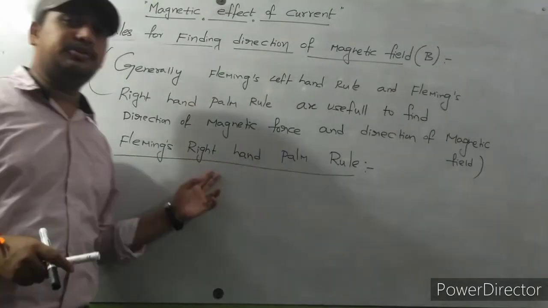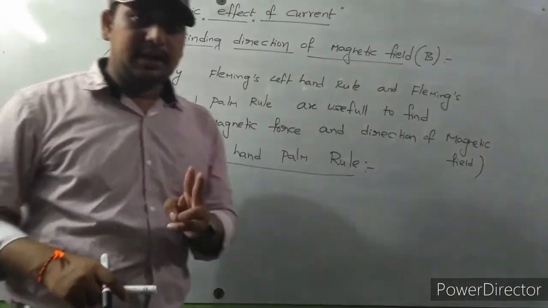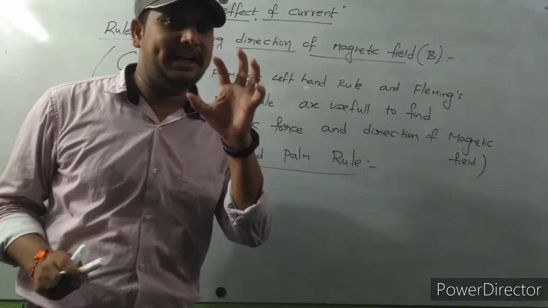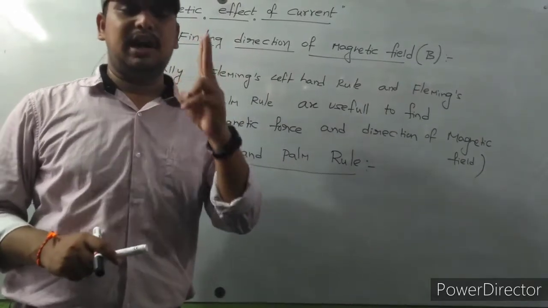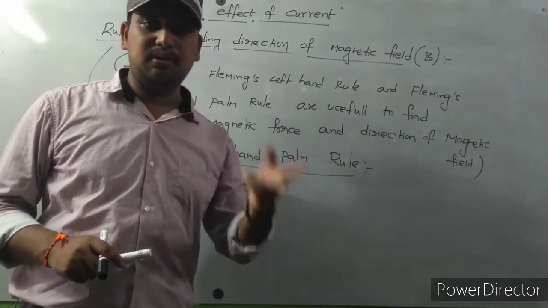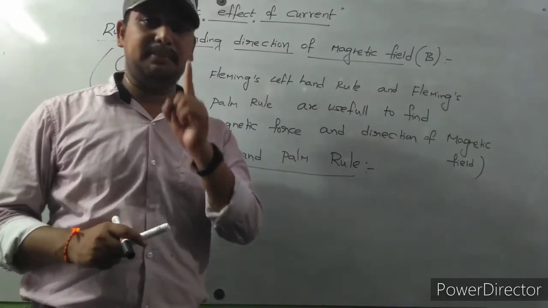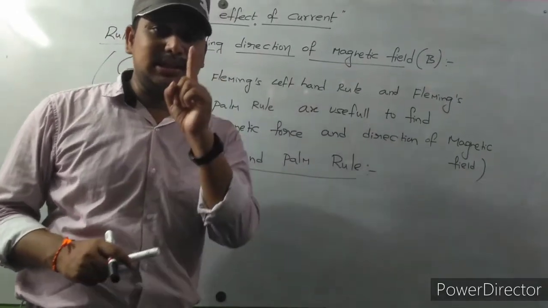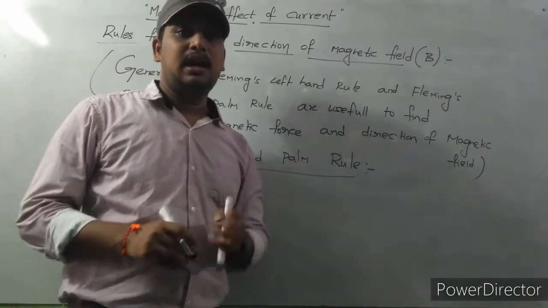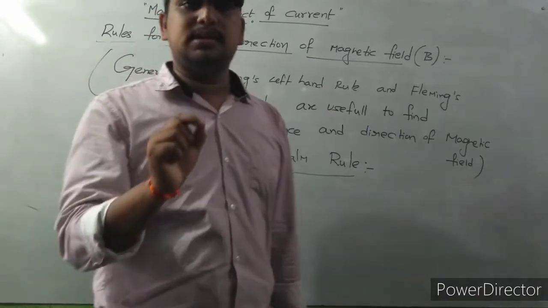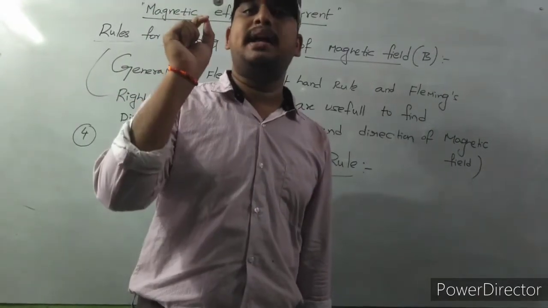Why did Fleming introduce these 2 rules? Mainly to find the direction of magnetic force. To find the direction of magnetic force, we use 2 rules: Fleming's left hand rule and Fleming's right hand palm rule. This is very important. This question is asked as a 1 mark very short answer question in board exams: what are the rules for finding direction of magnetic force?